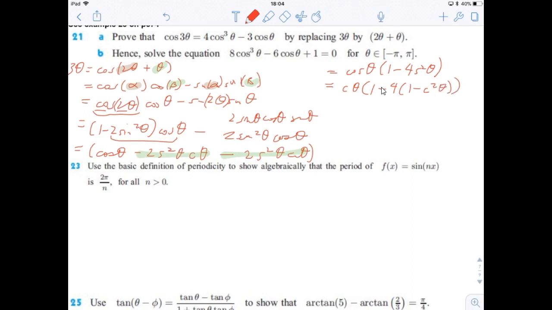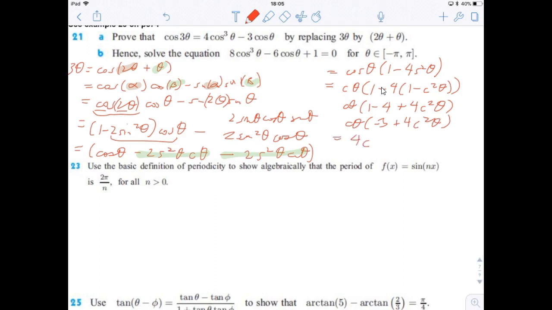Now let's expand a little bit. 1 minus 4 plus 4 cosine squared theta. And this would be cosine theta times negative 3 plus 4 cosine squared theta. And let me reverse the order.